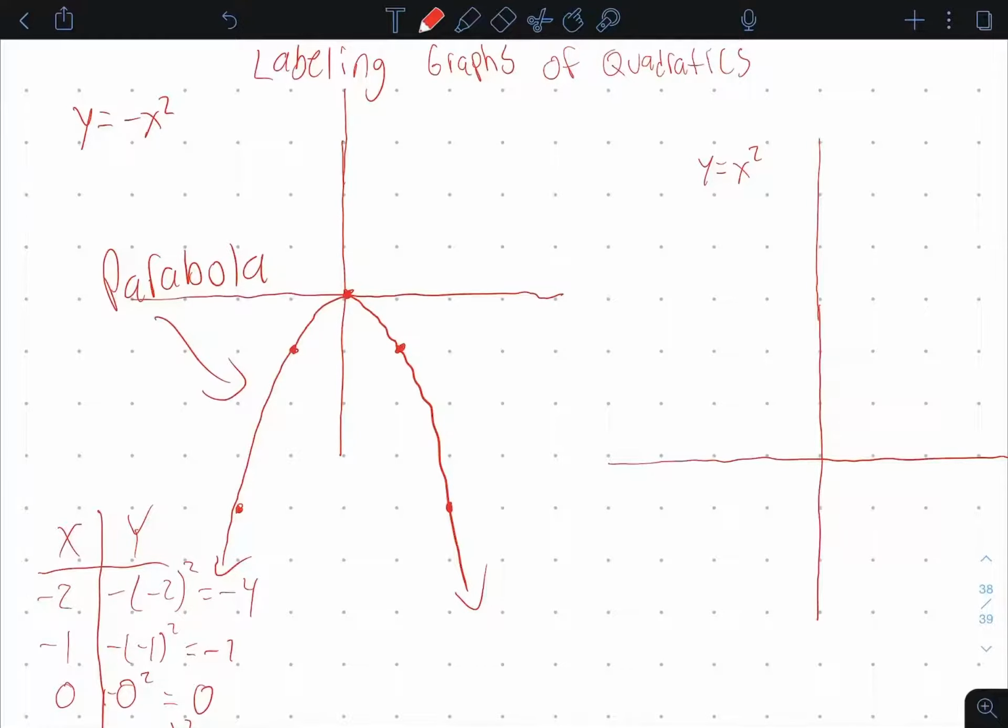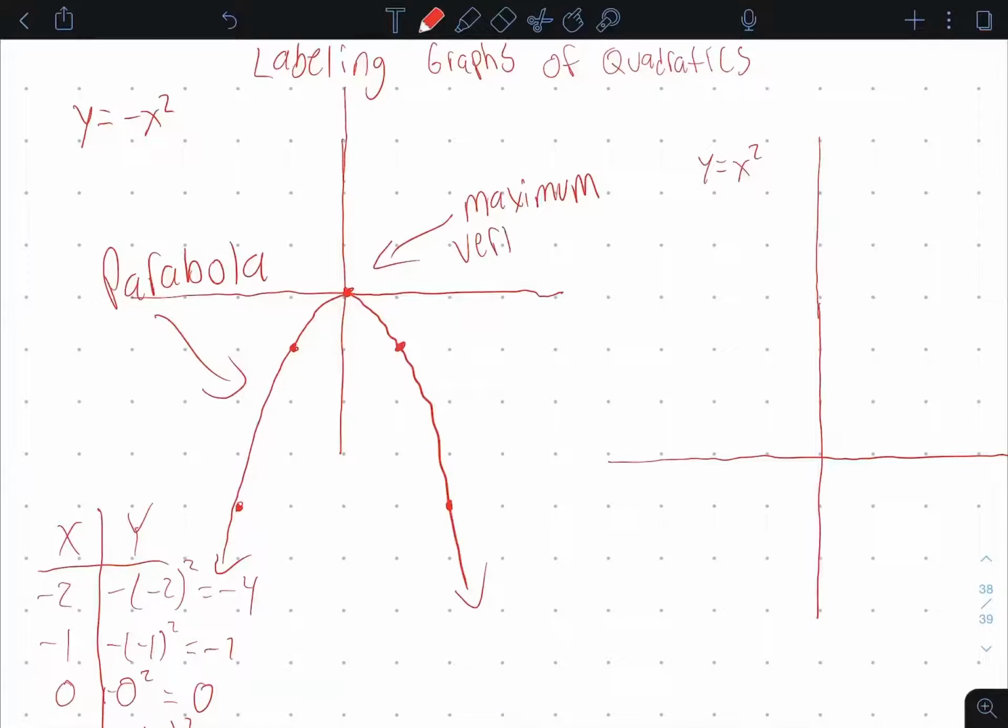So there's the parabola. At the top of this parabola, this point here, this maximum, parabolas either have maximums or they have minimums, and this is a maximum, and this peak of the graph is called the vertex, and this vertex is located at 0, 0.